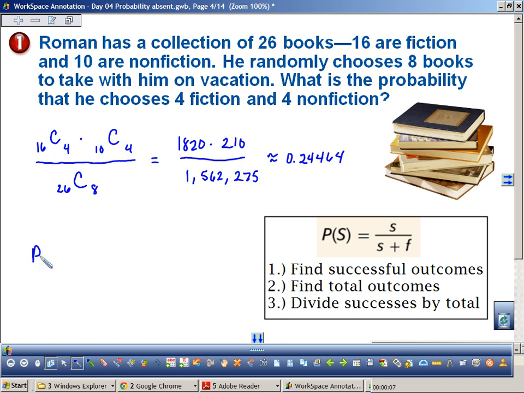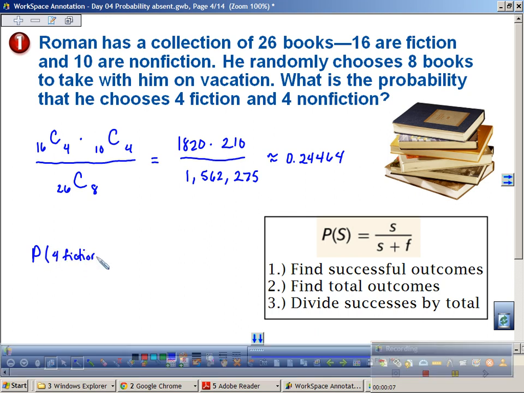So the probability of getting 4 fiction and 4 nonfiction is about 24 point, see if the decimal moves 2 places to get percent.